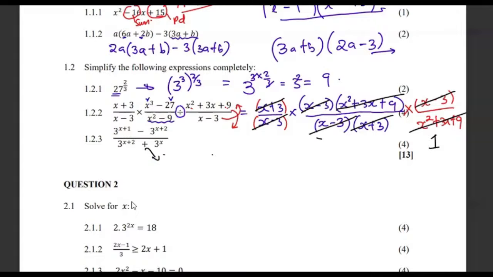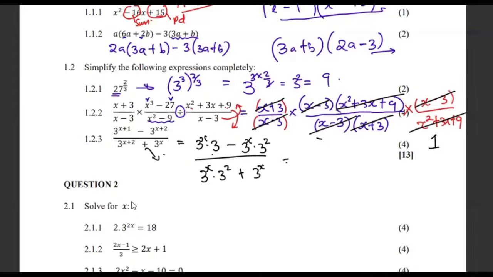Whenever we have exponential expressions that have a minus or a plus, the deal needs to be around factorization. Let's take out what is common. So if I were to split this up on top, it's going to be 3 to the x times 3 minus 3 to the x multiplied by 3 squared, over 3 to the x multiplied by 3 squared plus a 3 to the x.